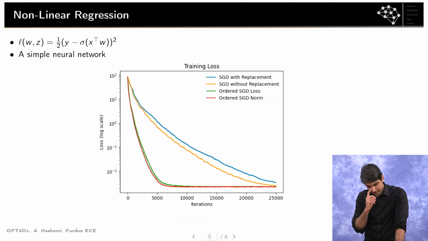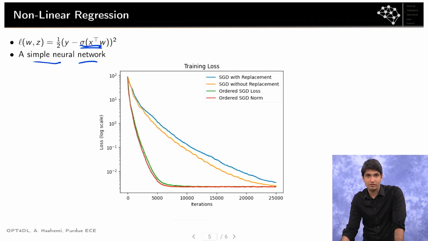All right, now let's talk about the second example, and this is nonlinear regression. Okay, so very similar to the previous case, except we have a nonlinearity here. Now, you should think of this as a very simple neural network with nonlinear activation, for instance, ReLU activation. And these are things that we're going to talk about in future lectures.